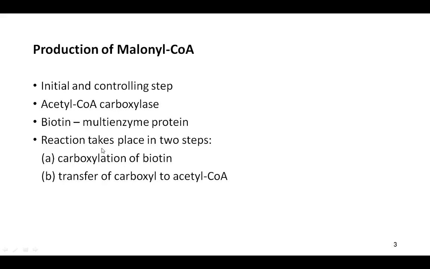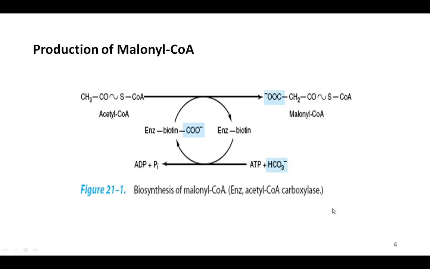The reaction takes place in two steps. First is the carboxylation of biotin, and then this carboxyl group which has been attached to the biotin combines with acetyl coenzyme A and forms malonyl coenzyme A. If we see this, you will understand because it's easy.